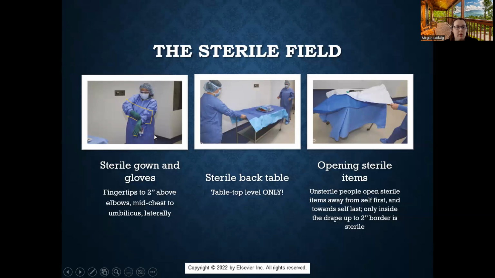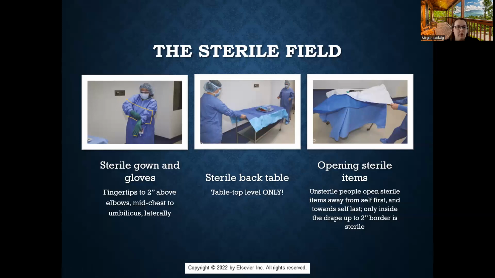You could not touch those areas. Even though you have the whole gown on, you can't touch those areas. So the sterile part is 2 inches above the elbow, all the way to the fingertips, and then about mid-chest, right about to the umbilicus, or if you feel the top of your hip bones and go straight across, that would be part of that area.